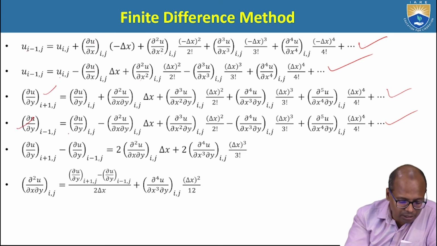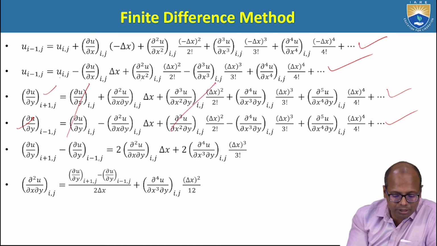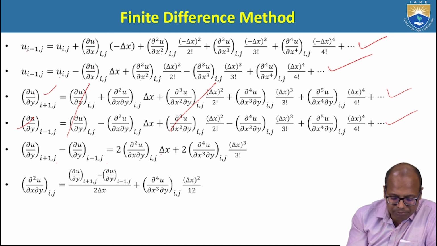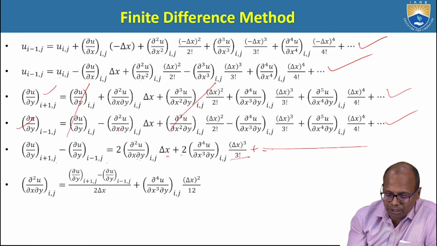If I subtract like that, these elements will go, and the odd elements will remain. Then dou u by dou y at i plus 1, j minus dou u by dou y at i minus 1, j is equal to 2 into dou square u by dou x dou y into delta x, plus 2 into dou power 4 u by dou x cube dou y into delta x cube by 3 factorial. Like this we will get further terms.